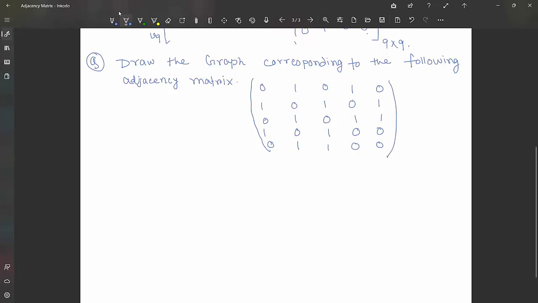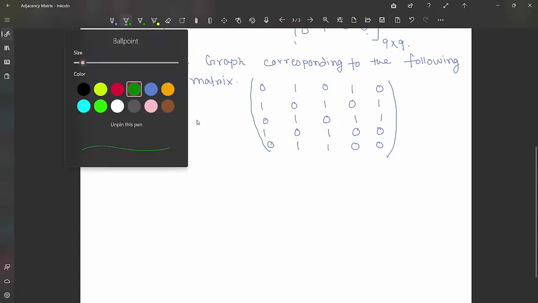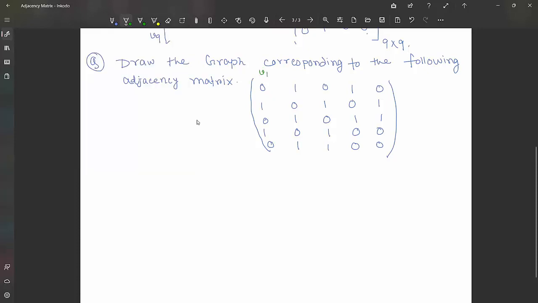Okay. Now first, what you have to do to draw the graph? First mark these vertices like this: V1, V2, V3, V4, and V5, and there also V1, V2, V3, V4 and V5. Now to draw the graph, consider any row. Suppose consider the row corresponding to V1, then also consider the column corresponding to V1.